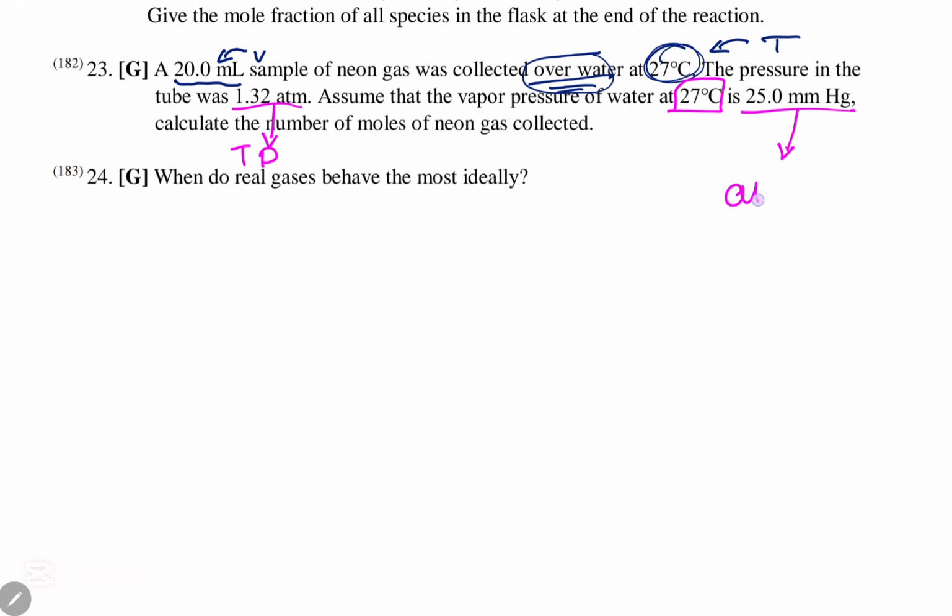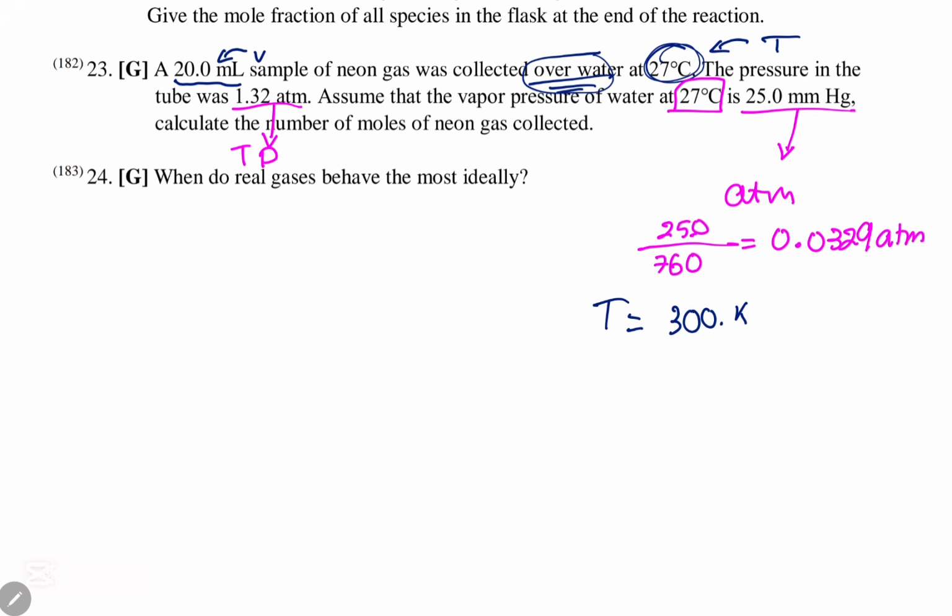How do I find the pressure in atmospheres? Whenever I'm dealing with millimeters of mercury, you need to divide by 760. So 25.0 millimeters of mercury divided by 760 millimeters of mercury, I got an answer of 0.0329 atmospheres, to the correct number of significant figures, which is 3 significant figures. The absolute temperature in Kelvin is 27 plus 273, which is 300 Kelvin.